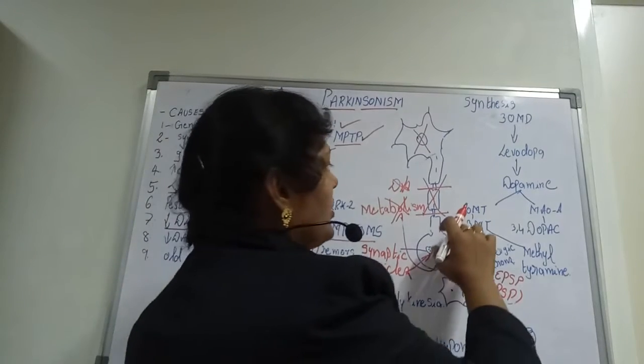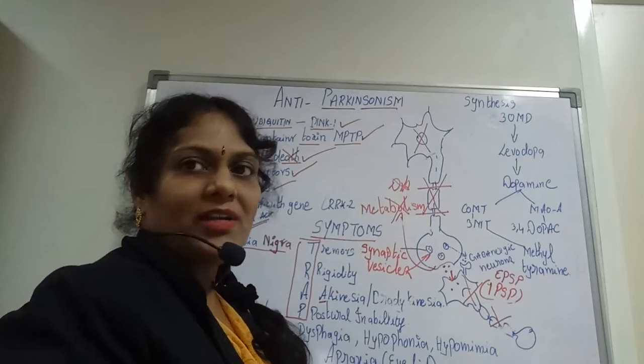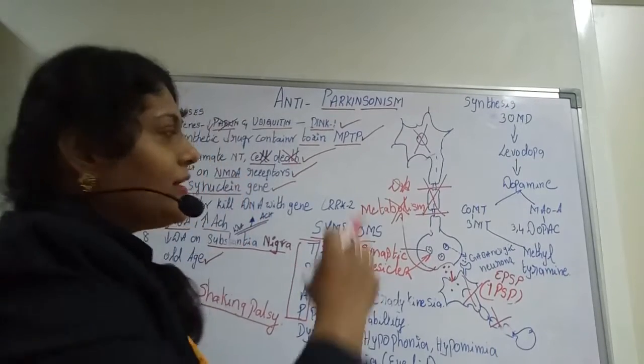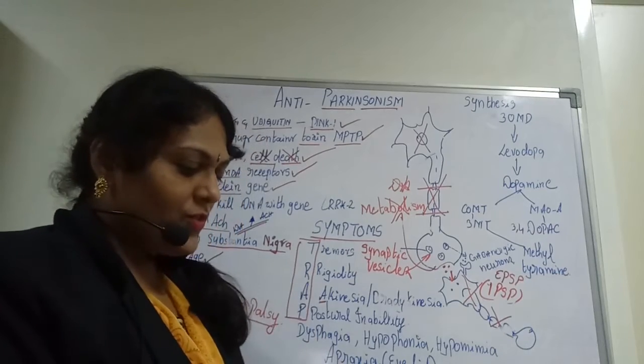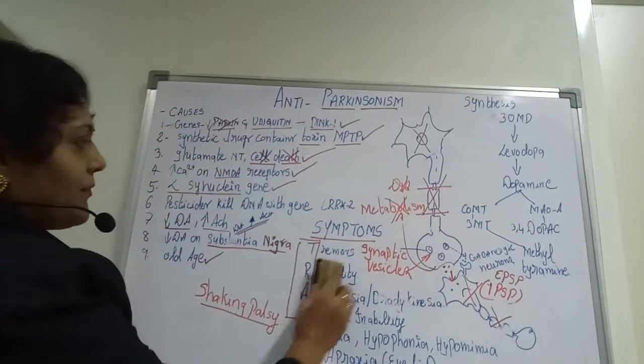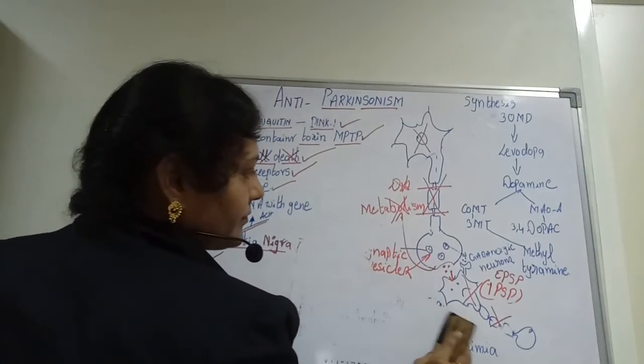And here, if you want to see why the metabolism has been disturbed and what the synthesis of dopamine is, the dopamine synthesis is done in two places. I'm just erasing the diagram here so that you can understand more and more.